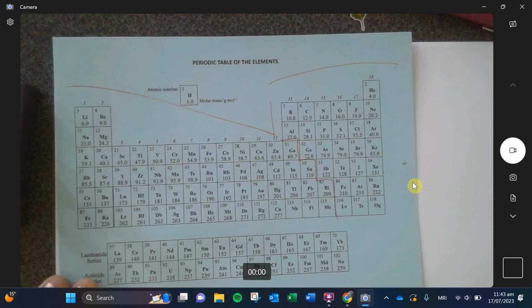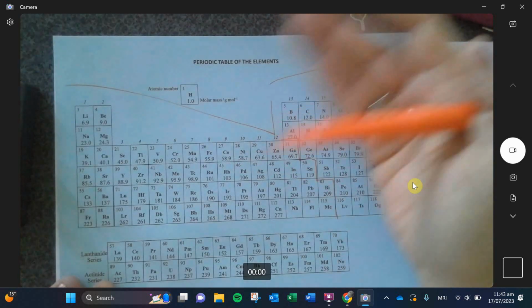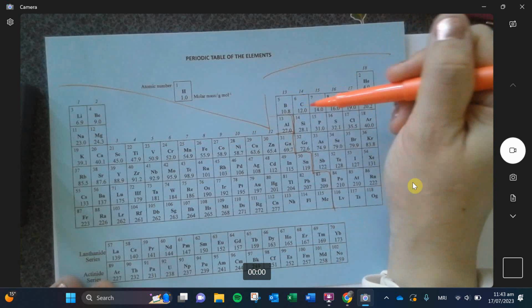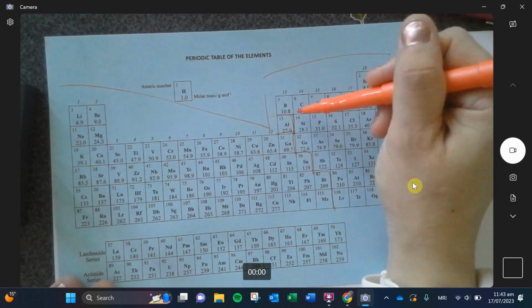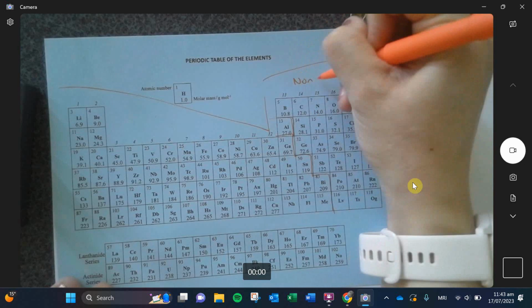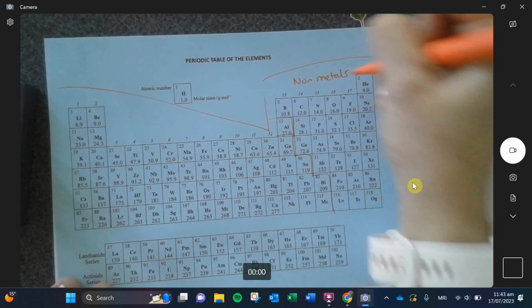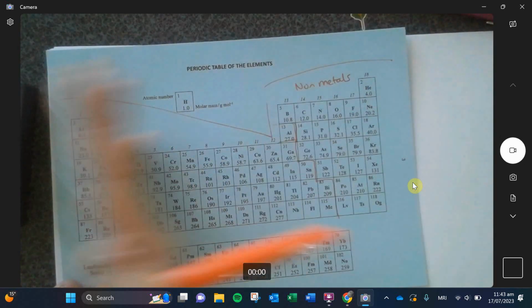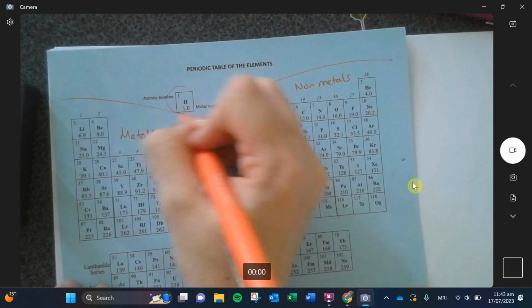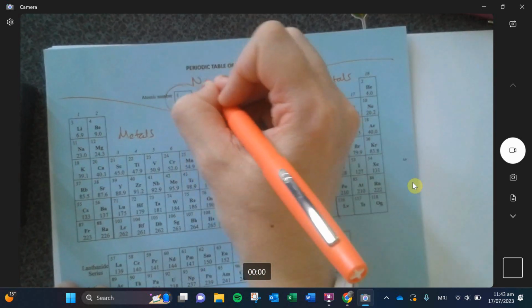Are we okay with that so far? This side of the periodic table, where we see, actually I think aluminum goes there, where we see boron, carbon, nitrogen, oxygen, all these here are my nonmetals. And all these things on the other side are the metals. And then little hydrogen over here, this guy's actually a nonmetal too.